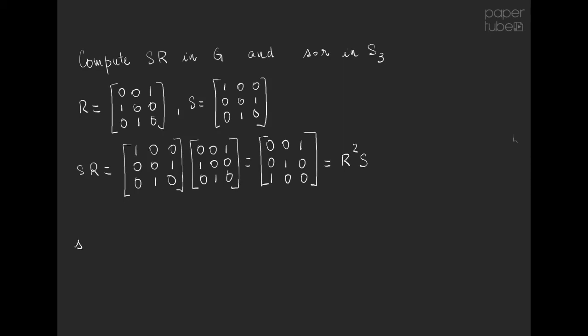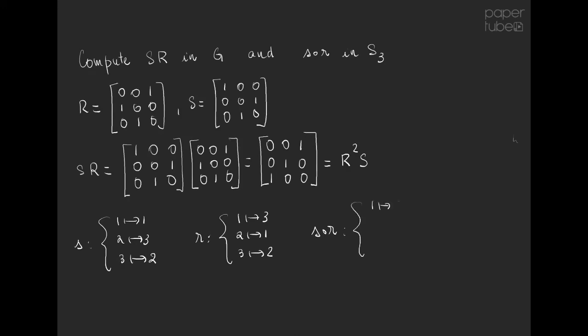Now, recall that S is the map sending 1 to 1, 2 to 3, and 3 to 2. And R is the map sending 1 to 3, 2 to 1, and 3 to 2. So if we look at S composed with R, then we see that 1 goes to 3, right?